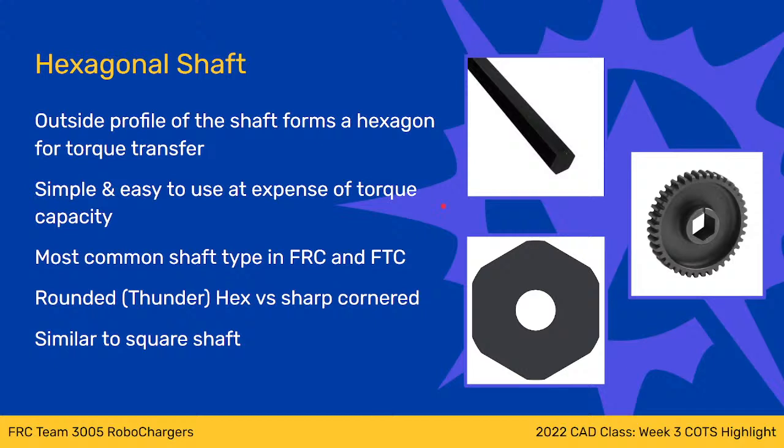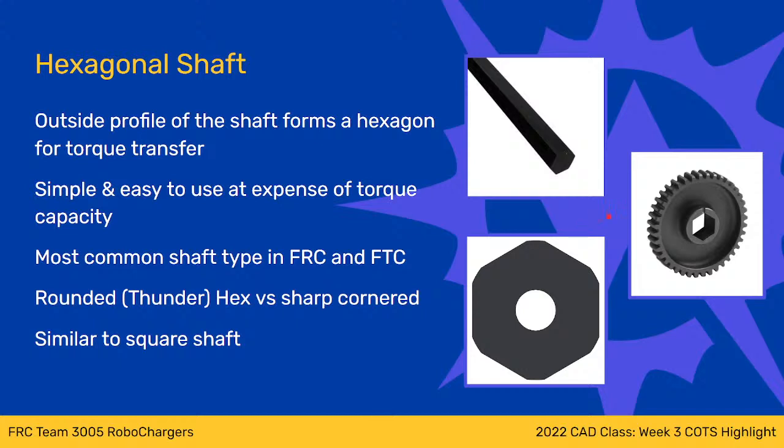And the key thing is that with hex shaft, it's really easy to manufacture a hex-shaped bar, because it's 6 flat faces, which are easy to make. And then it's really easy to make a hex-shaped hole because you just use a tool called a broach. I'm not going to go into what a broach is. We've got one in the shop. I can show you guys tomorrow at our team meeting if you want to see a broach.